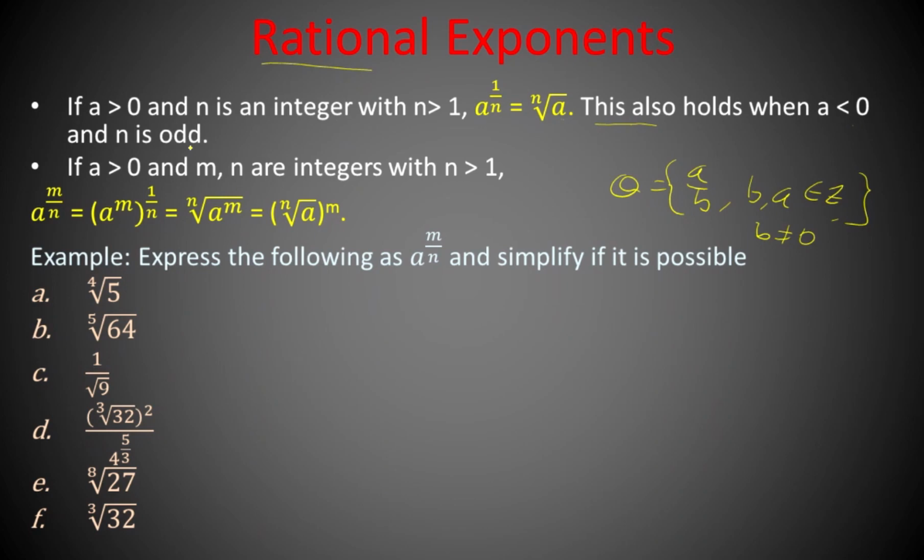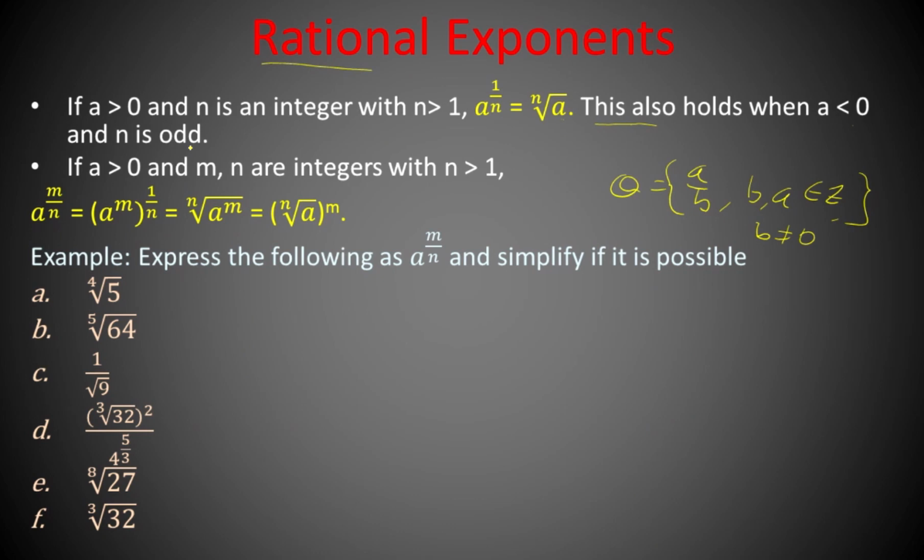For example, the cube root of negative 27 is negative 3. Look, our index is odd and the number inside the radical is negative. In this case, it's possible.